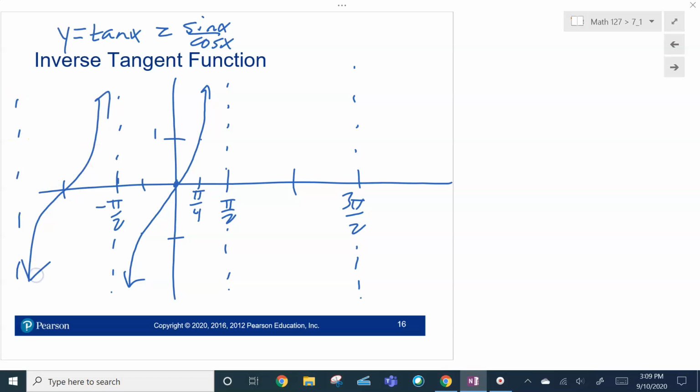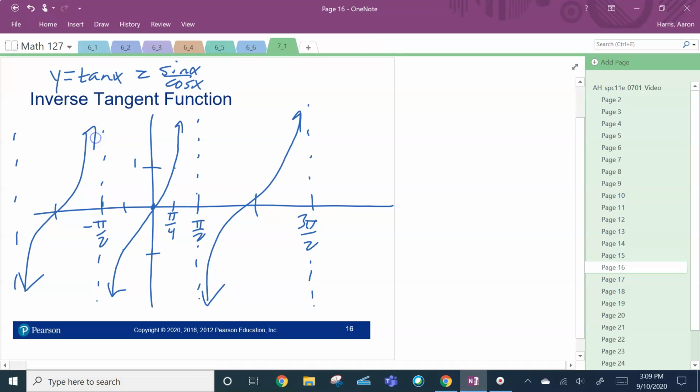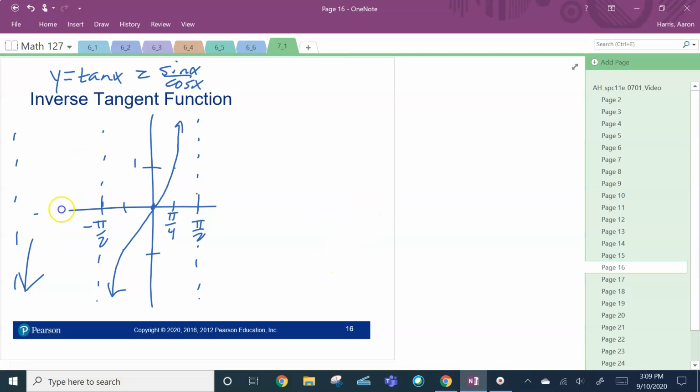We have a period distance of pi in total, and it repeats this, right? Here's our tangent function. Well, this is a function, but again, it has the problem of not being one-to-one. And mathematicians said, well, let's restrict this, like the sine function, between negative pi halves and pi halves.